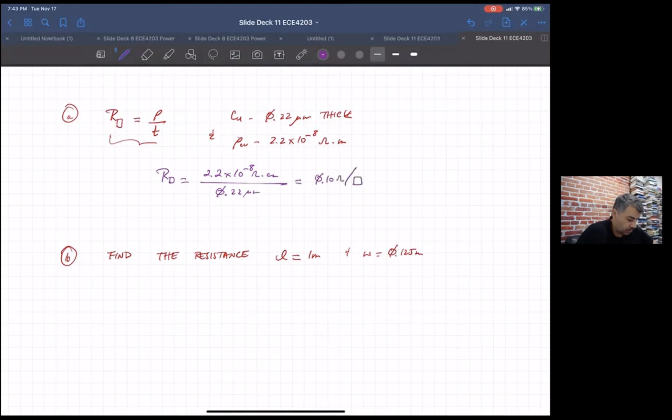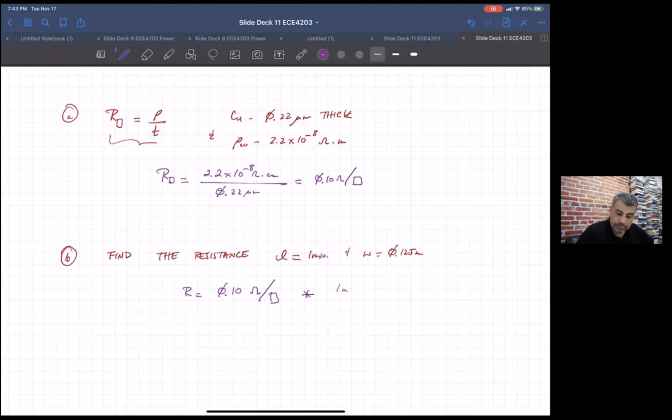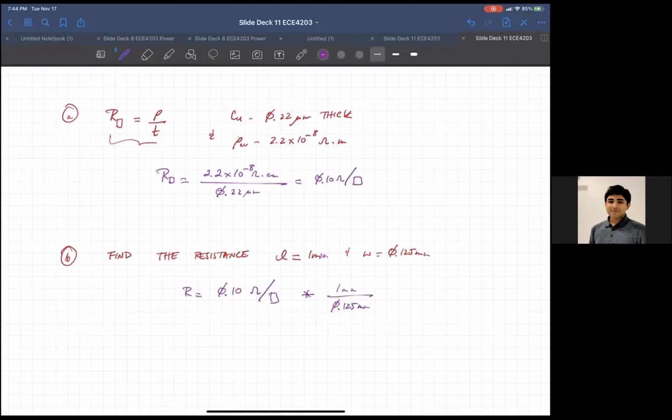And here, like I said, the total resistance is 0.10 ohm per square times, go ahead. Then it would be 1 millimeter over 0.125 millimeter. Yeah, that's the same. I guess it'd be the same ratio. I forgot to write the meter and millimeter for both, so it would have been the same resistance. Oh, okay.